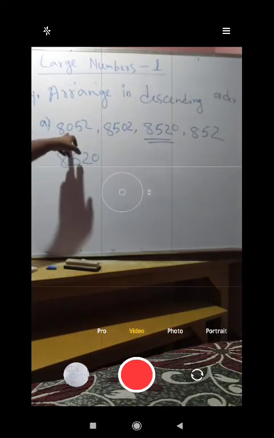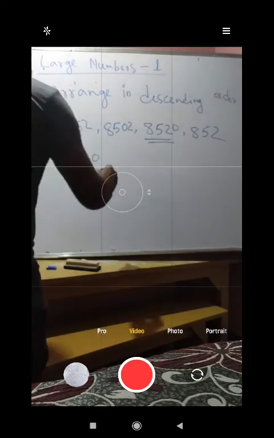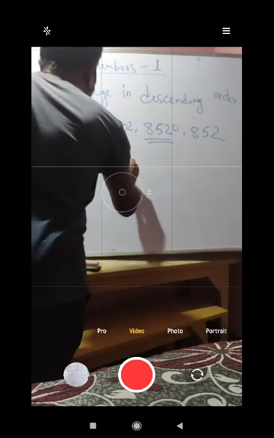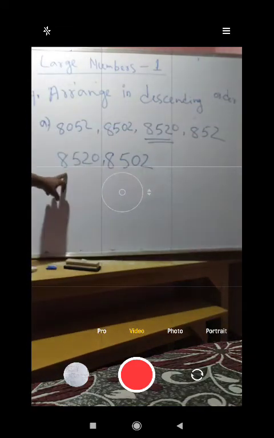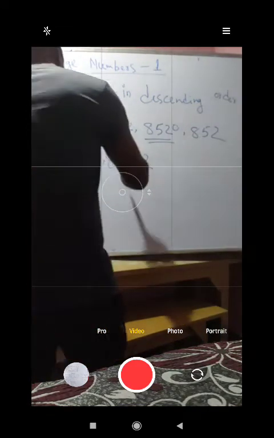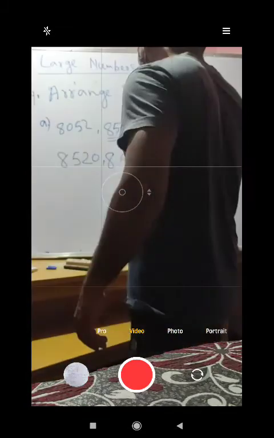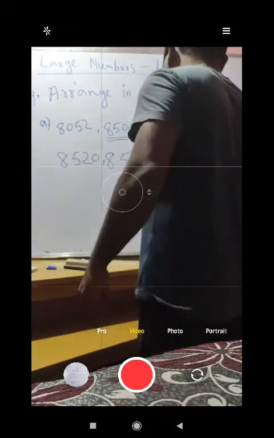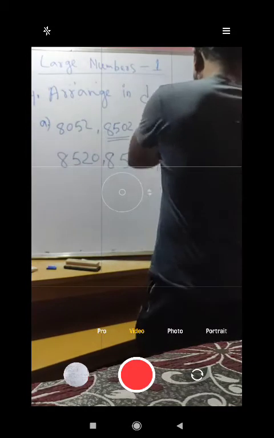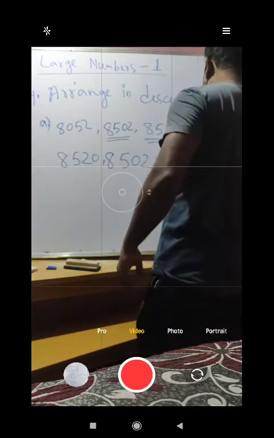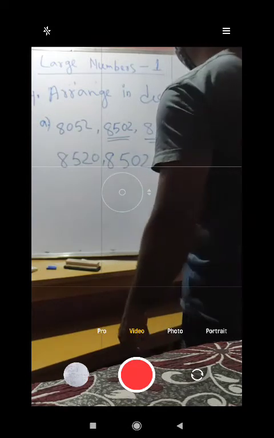Among these three, it will be 8502. First 8520, after that 8502, after that 8052, after that 852. So this is your answer in descending order.